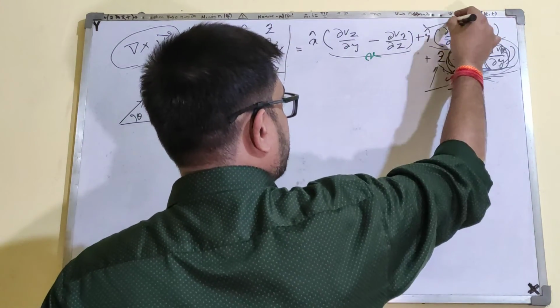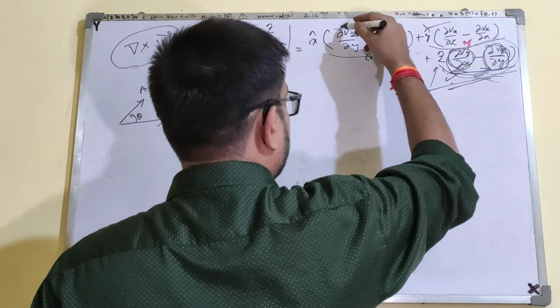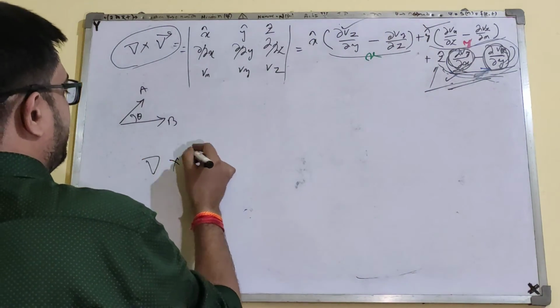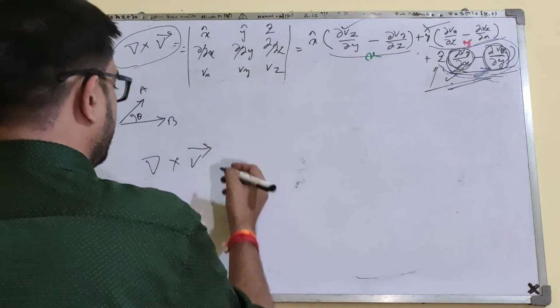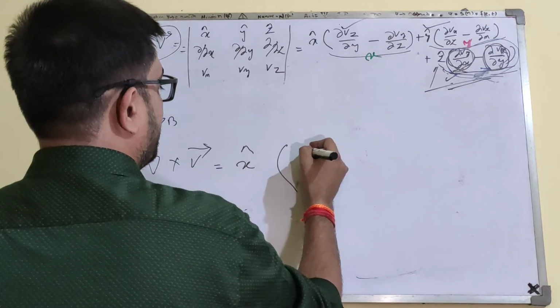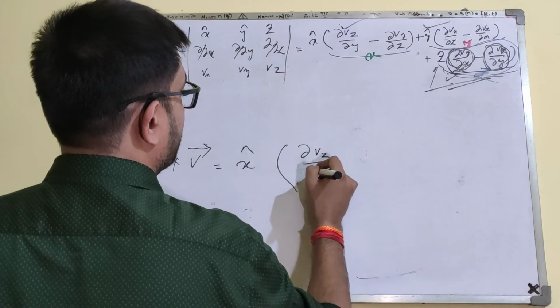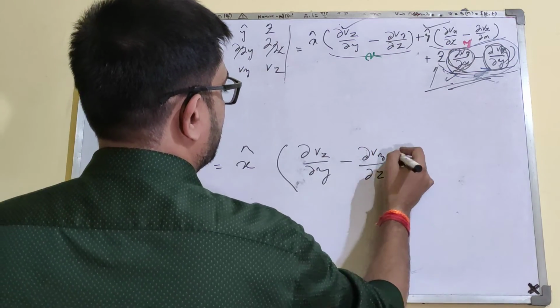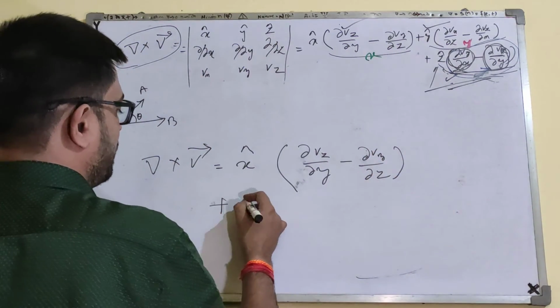Now similar thing happens in x plane, y plane and z plane. The combined effect of a curl of a vector field V can be given like this: x cap times del Vz by del y minus del Vy by del z plus y cap.